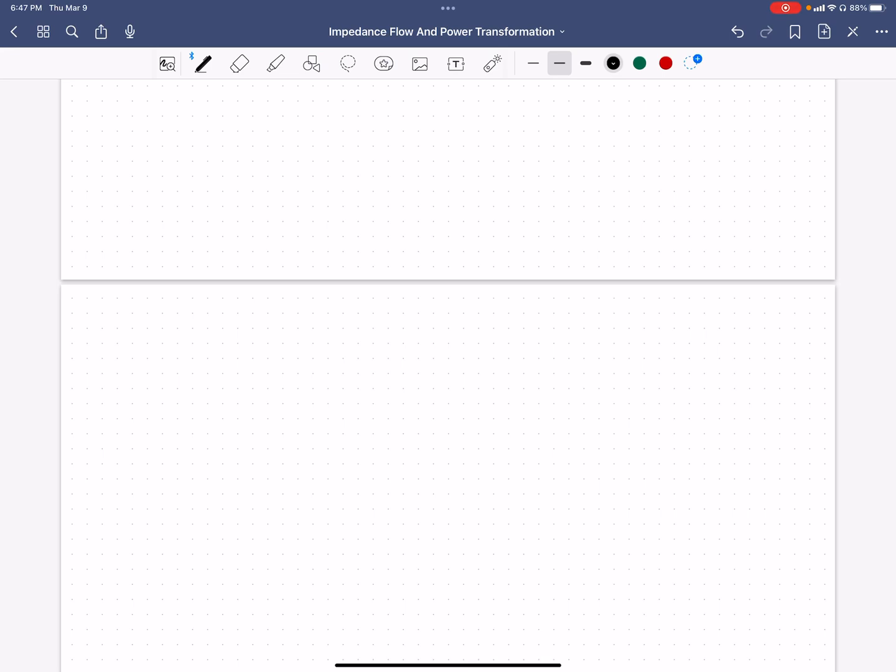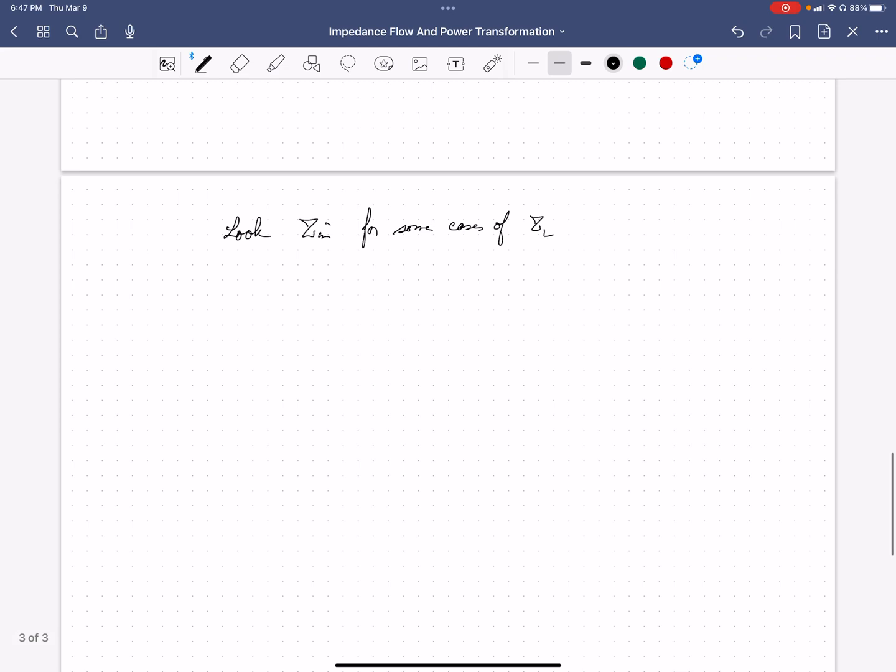To look into that, look at the input impedance of the transmission line for some cases of Z sub L. As a reminder, we have the transmission line with a load and a characteristic impedance.